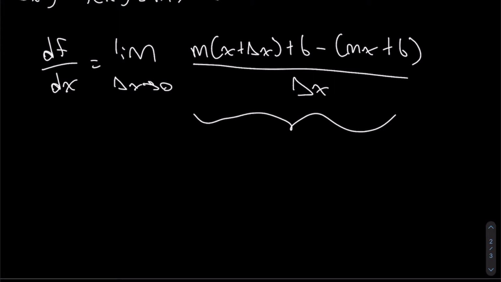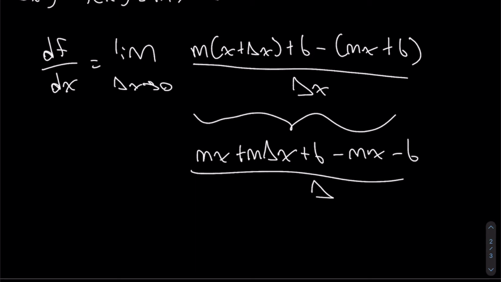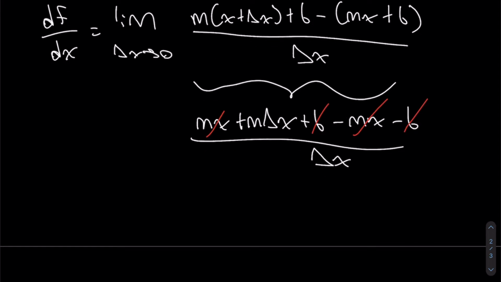This expression, if I expand it out, will look like this, so that I'm distributing that m inside the bracket. And you can see that this mx cancels with this mx, this b cancels with this b, and then you're just left with m delta x divided by delta x. Those two delta x's cancel, and you're just left with m.